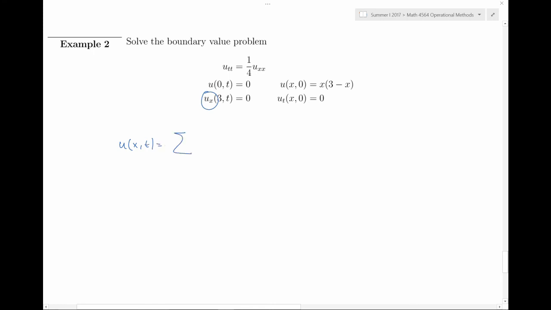Again, the coefficients b_n are all going to be 0 because the g function is 0. So we'll start summing from n equals 0 to infinity.